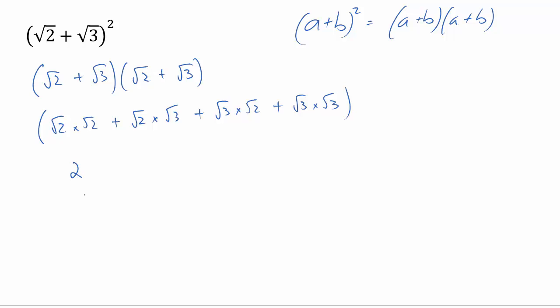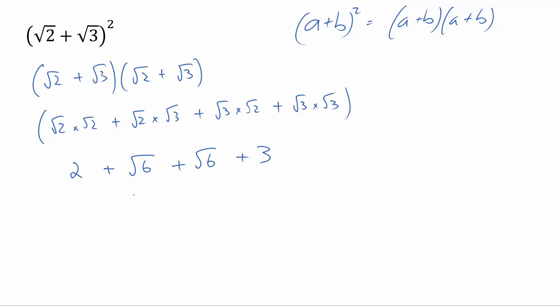The square roots cancel each other out. Root 2 times root 3 will be root 6 because of our rule where the product becomes under the same surd. And then root 3 times root 2 will be the same, root 6, and root 3 times root 3 would be the same as root 9, which would be 3.